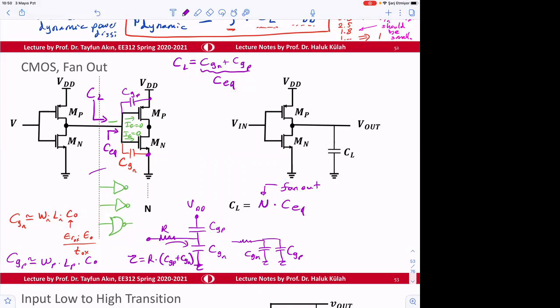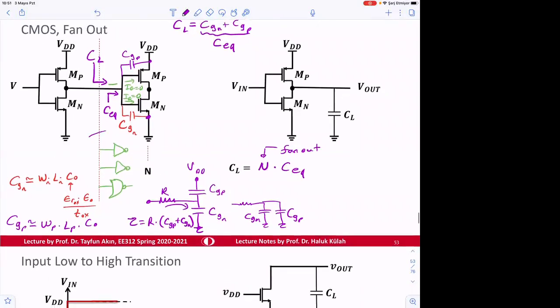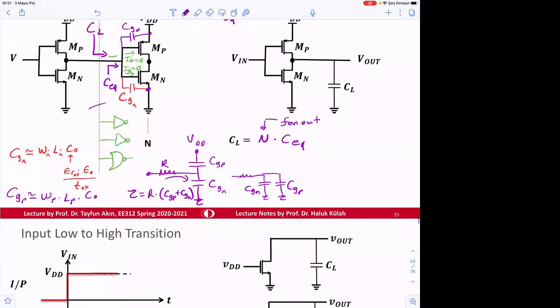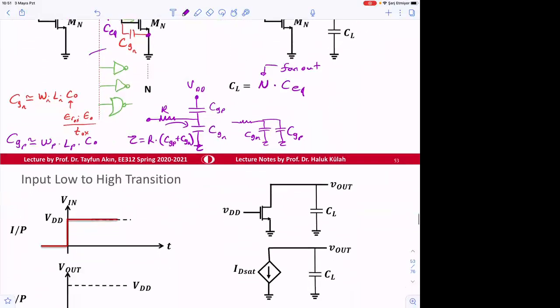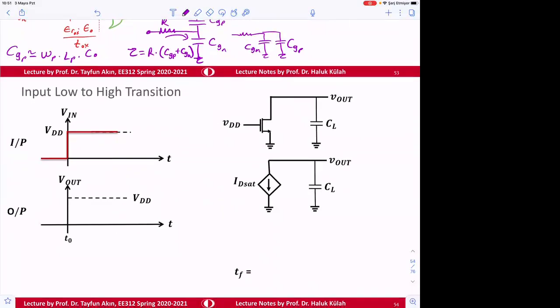So that's how we calculate the capacitance, and the capacitance determines the delay time, and then the maximum operating frequency.